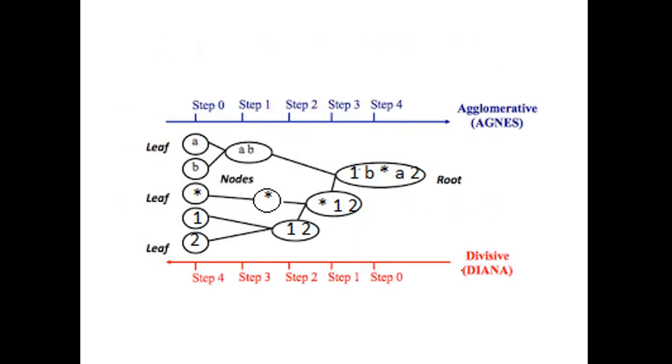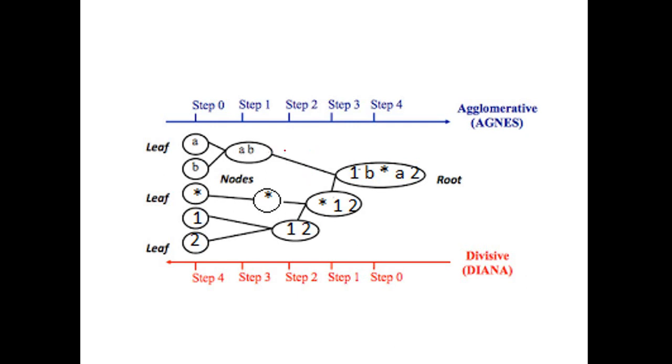So see one more example of agglomerative clustering. Here there are alphabets, special characters and numbers as the elements in the leaf nodes, and based on the type of the element, A, B are merged into one single cluster, 1, 2 are merged into another cluster, and the special symbol star becomes one cluster in the next level. And this process again will continue in the next level in the hierarchy.